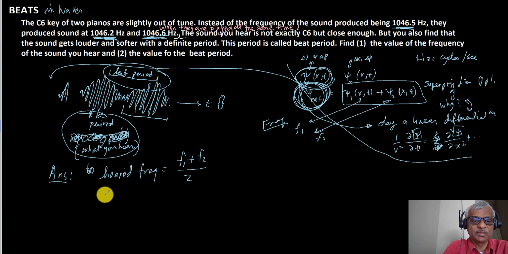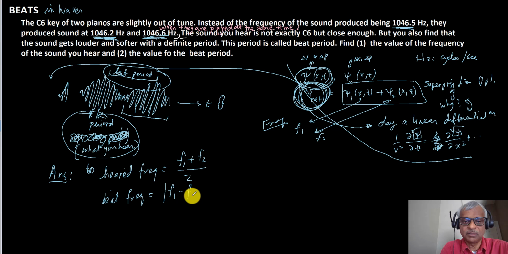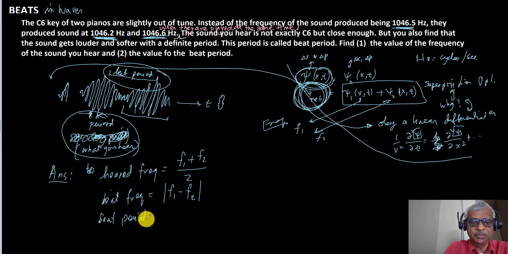And the beat frequency, not beat period, is going to be the difference of the two, and it doesn't matter, you just take the absolute value because it's positive. Of course, the beat period will be 1 over the beat frequency.